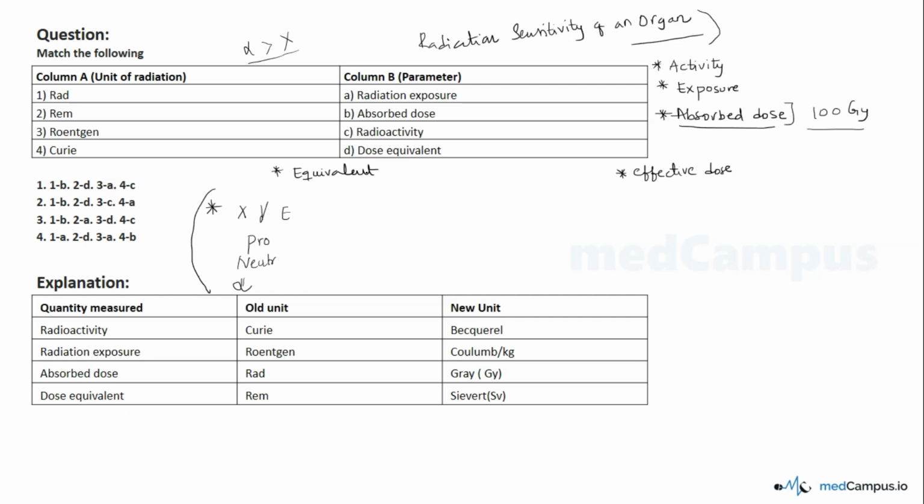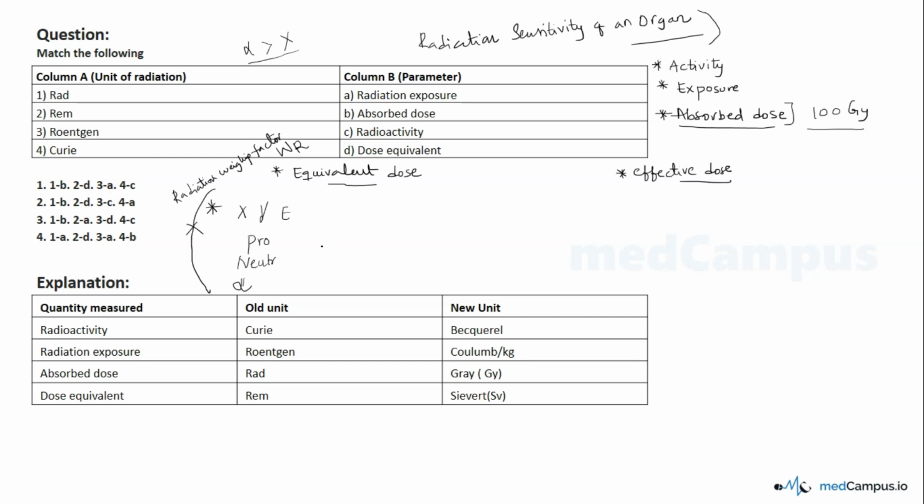And these two parameters are taken into account when we are looking at equivalent dose and effective dose. Equivalent dose takes into account the type of radiation, and we call this factor the radiation weighing factor. Don't get confused, I'll come back to what it is, but when you hear about equivalent dose, think of radiation weighing factor or WR.